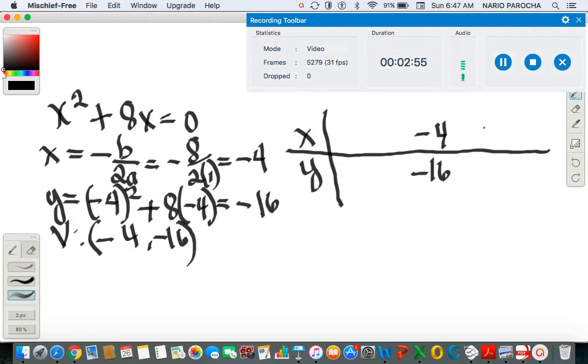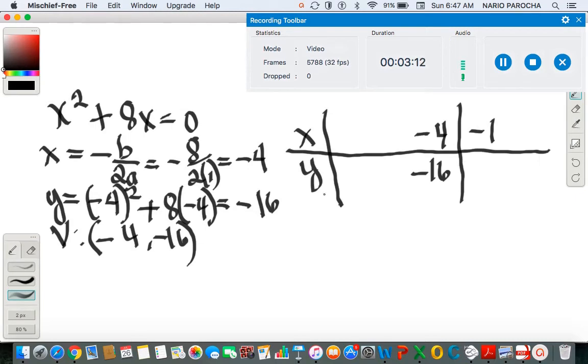Then I'm going to assign values for x that are greater than negative 4. Let's say negative 1.